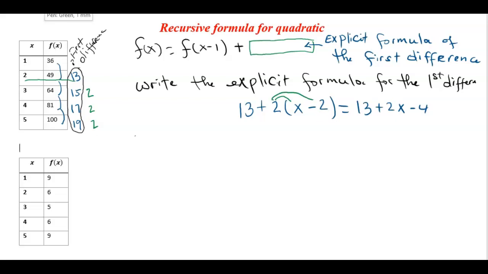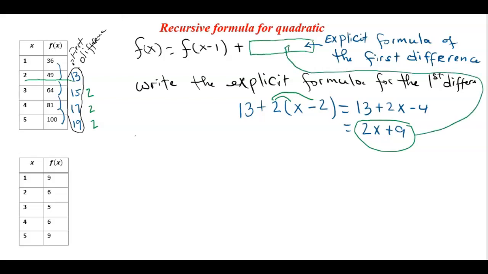Combining like terms, we have 13 minus 4, which is 9. So we have 2x plus 9. This expression, 2x plus 9, is what we're going to bring into this box here.